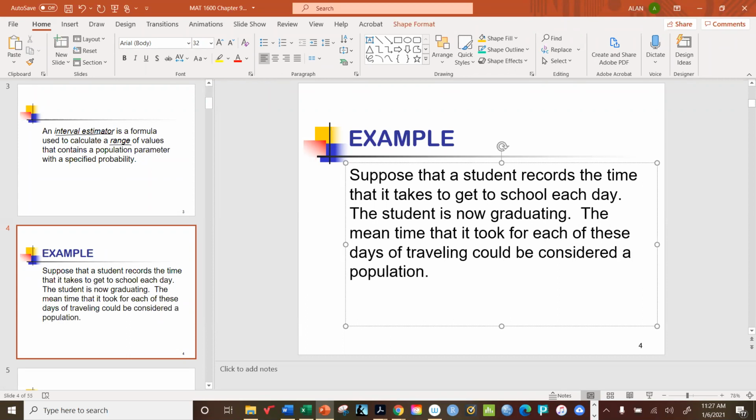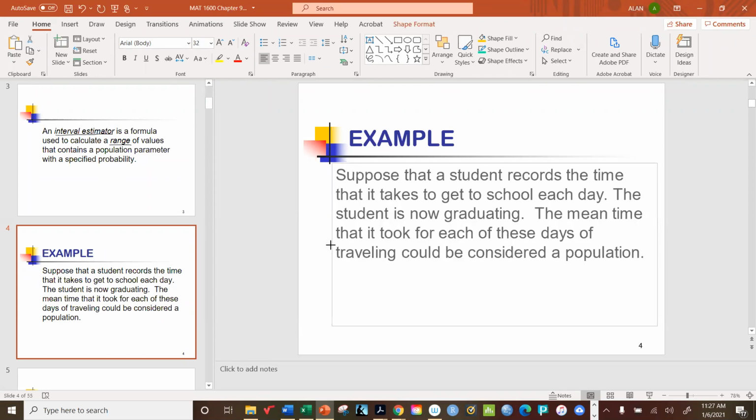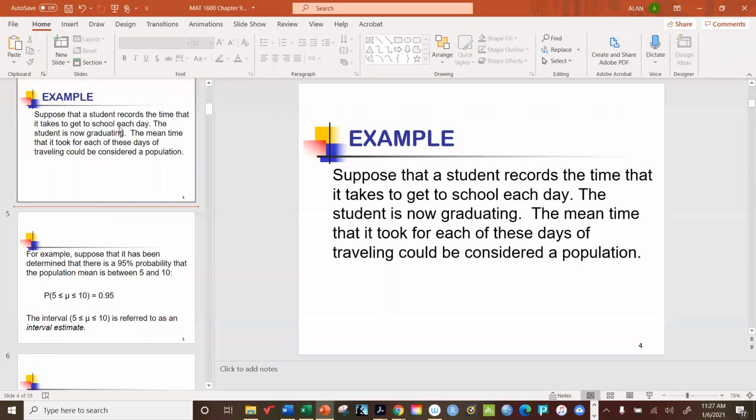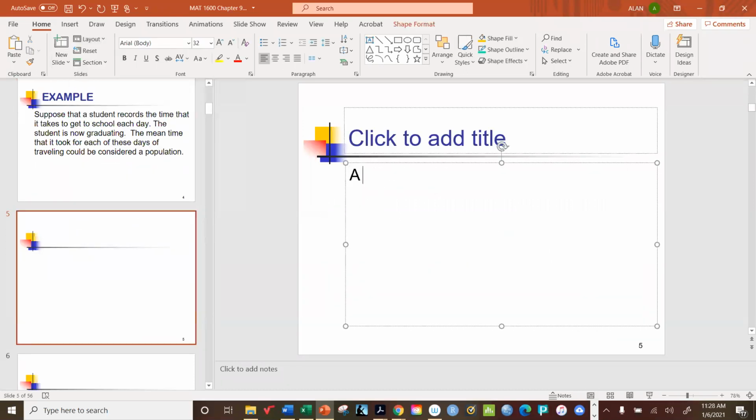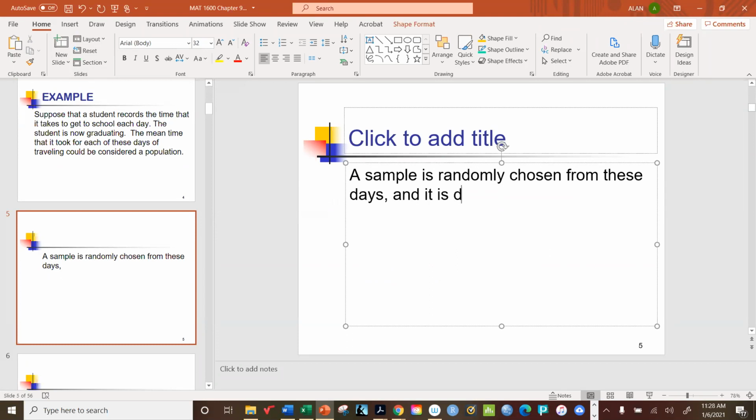Okay, the population means a list of all the travel times that it took for you to get to school every day while you were in college. Now, the question is, what information do we want to obtain? Suppose that we draw a random sample of days randomly chosen from these days, and it is determined that the sample mean is 24 minutes.